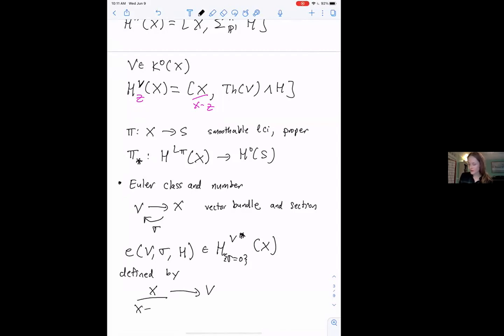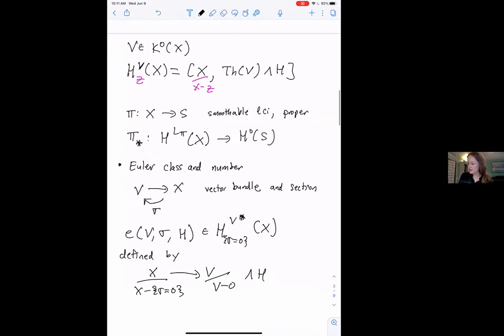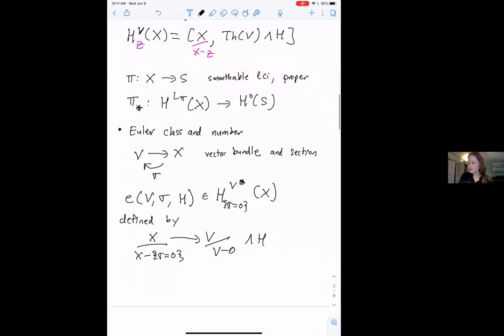We could also do that as a map from X minus the zero locus of sigma to V minus 0, and we can smash with H with a unit map from S to H. So there's an Euler class which reduces to the Euler class in Chow when H is HZ.